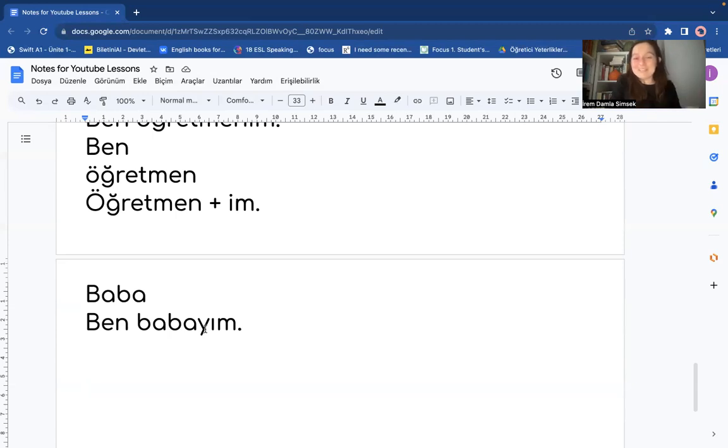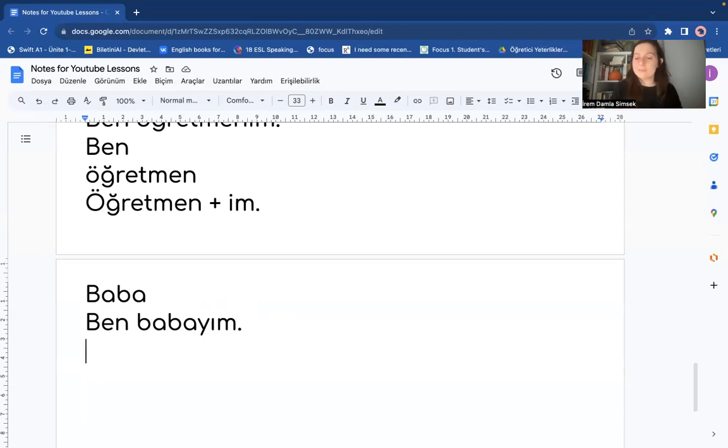So the rule is like this. When a word ends with a vowel, and another suffix comes that starts with a vowel, you need a Y assistant. That's it. We don't use another assistant here. I say assistant sound; we might have different linguistic names for it, but that's what I prefer to use.